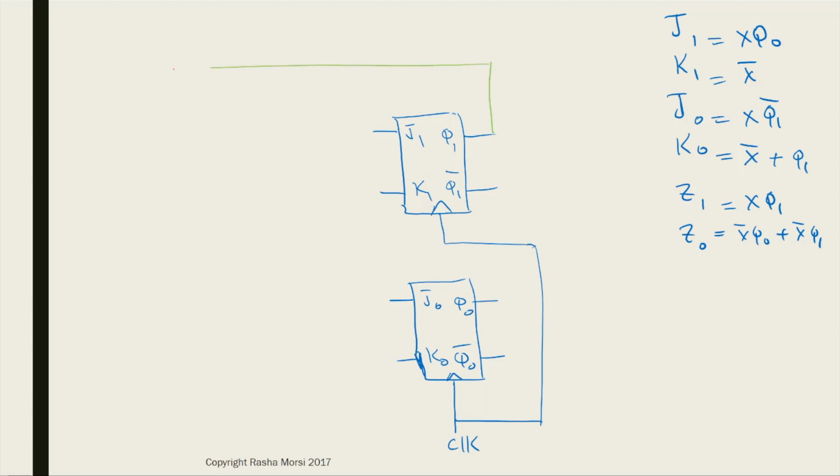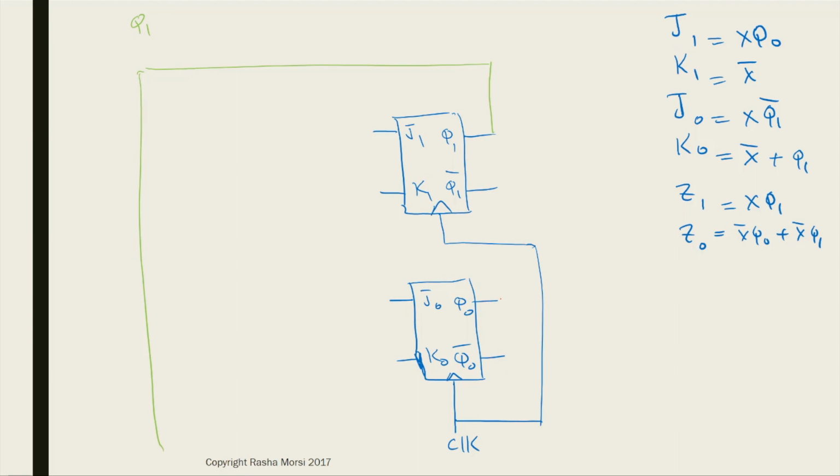So now we just need to try and draw these lines for Q1, Q1 bar, Q0, and Q0 bar. And what I do here is I try and pull those outputs up, across, and then down. So then when you're building your circuit for the J1, K1, J0, K0, you're just pulling from the lines in the front and then connecting them. So we'll just go through and draw all these lines up, across, and down.